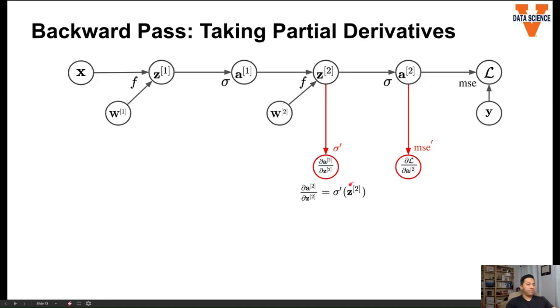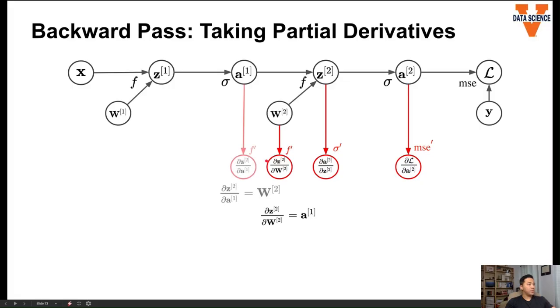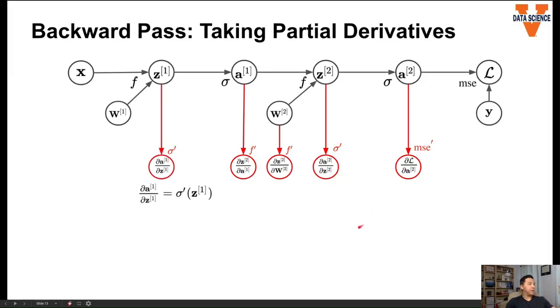So this is sigma prime for that, right? And then you can calculate the partial derivative of W with respect to the node after it, which is Z2. So the rate of change of Z2 with respect to W, and so on and so forth. You can calculate all of these partial derivatives from one node with the node after it, right?